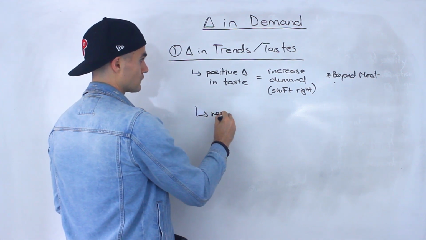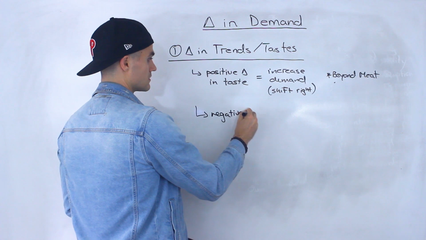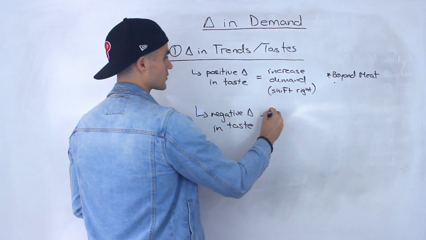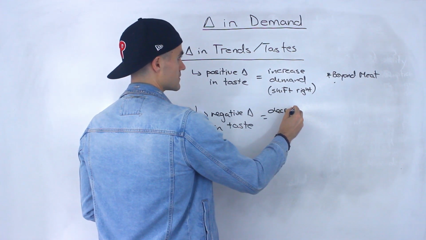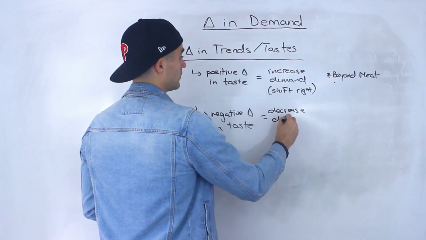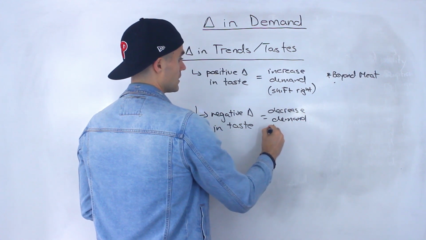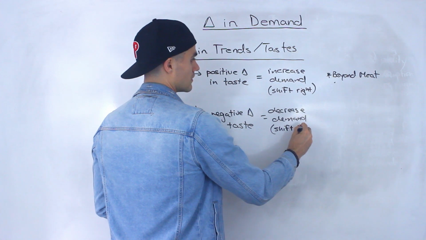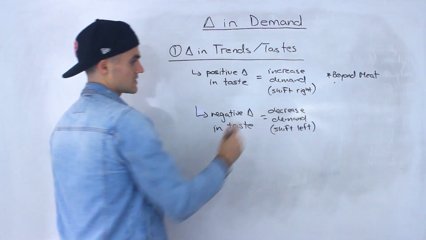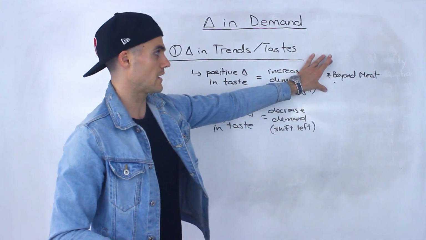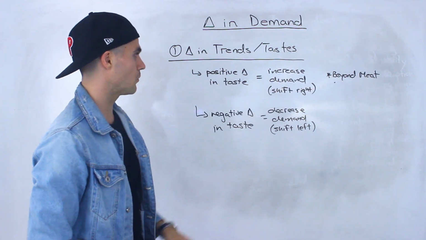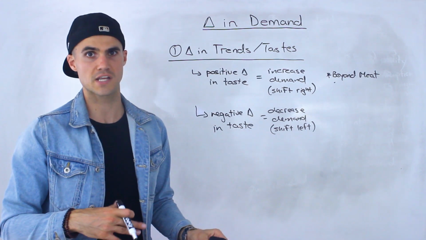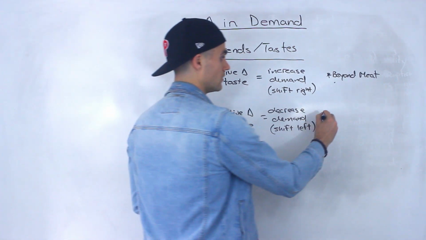Now, a negative change in taste would decrease demand. So maybe actually the opposite of Beyond Meat, maybe meat products, there's a decrease in demand for them because there's an increase in demand for this, but it's not as obvious. A more obvious example was when MP3 players came out, for example, or when iPods started coming out.